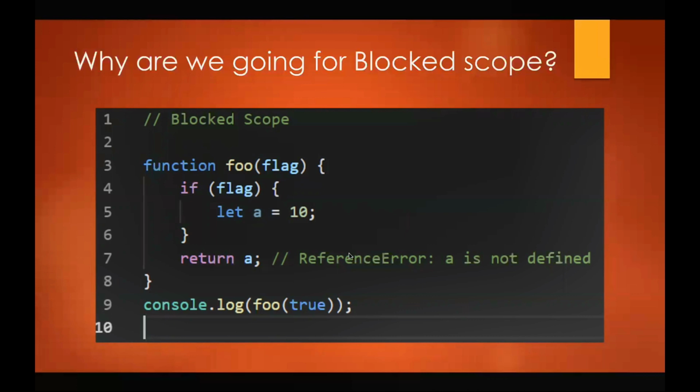So it is throwing an error that a is not defined because let has a block scope. That means it will be valid from line 4 to line 6 only. So a will be accessible inside that particular block only. Outside that block, a will throw an error saying a is not defined. But if we are declaring a using the var keyword, then this a will be accessible outside as well.